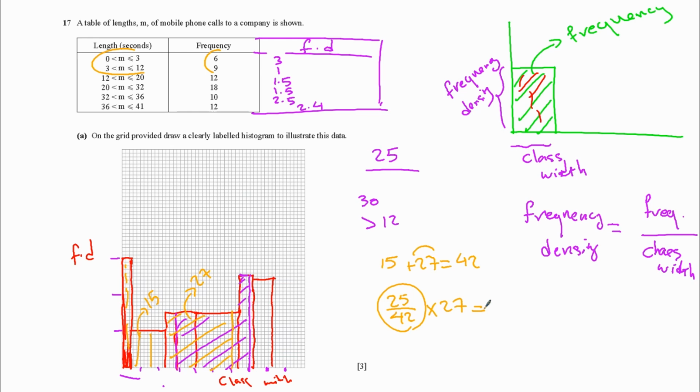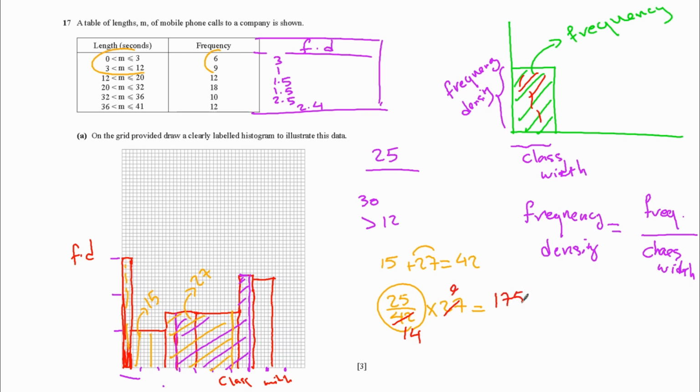So if I want to multiply that, I can simplify this. This divided by 3 would be 14. This divided by 3 would be 9. And I can't simplify that more.